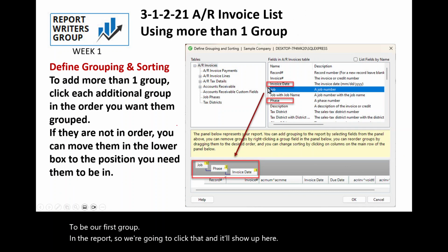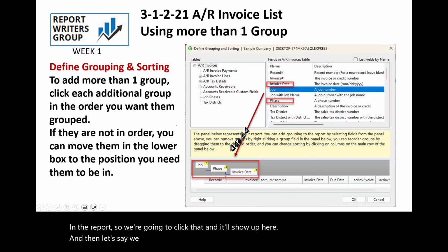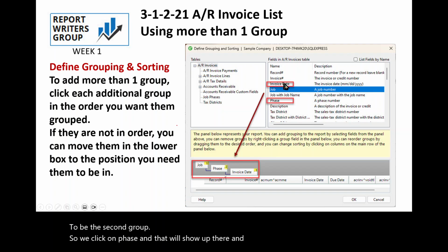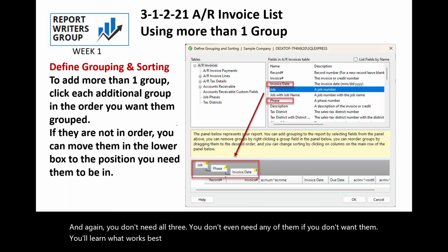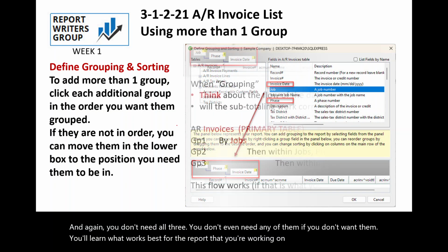Then let's say we want phase to be the second group. We click on phase and that shows up there. And then we want invoice date to be the third group. Again, you don't need all three. You don't even need any of them if you don't want them. You'll learn what works best for the report you're working on at the time.